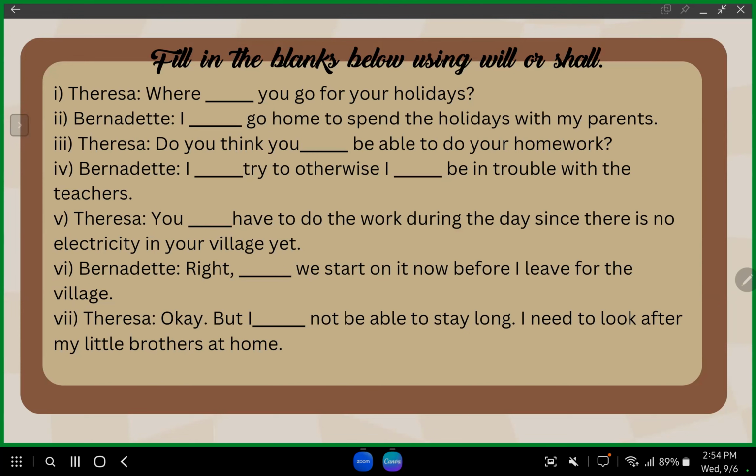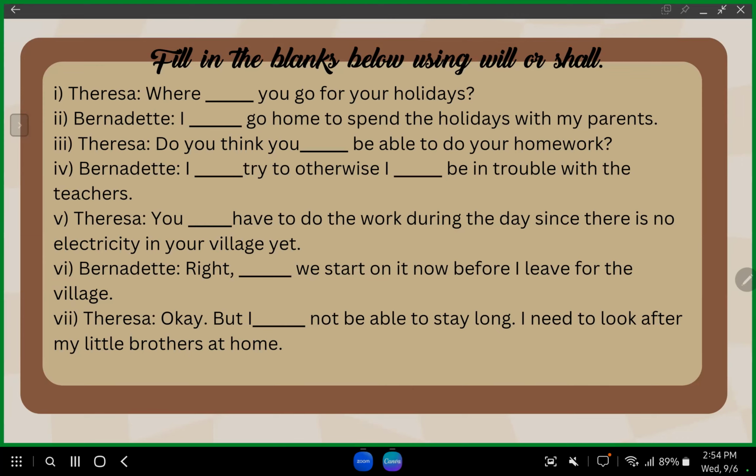Thank you so much. I think we can all remember the general rule. The general rule is for shall, we use I and we. So if you say I will, that's wrong.